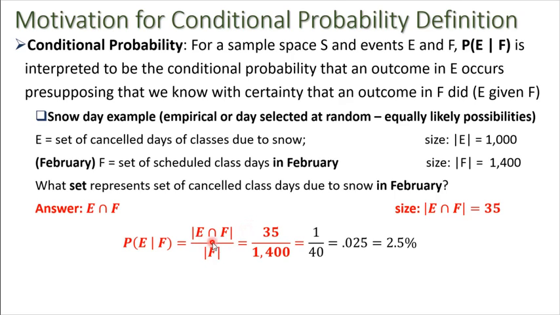So again, the intersection, day numbers that were in the intersection of these two sets, we would take the size of that, which we said by assumption was 35 because we said there were 35 snow days in February, and now divide by the total number of days in February, or the size of F, which we said was 1,400. And here we get our 2.5%.